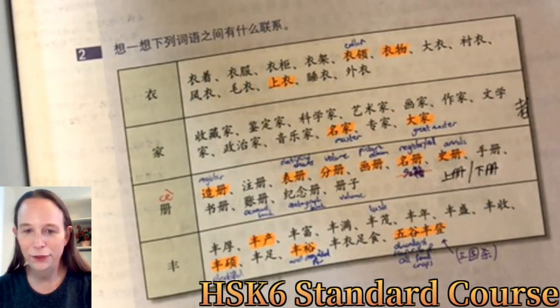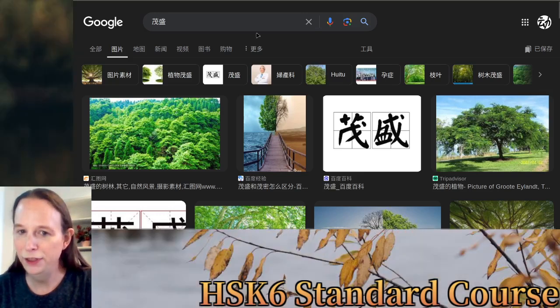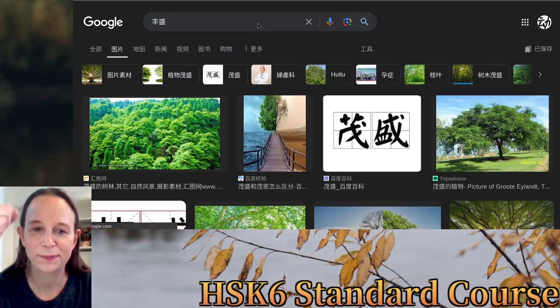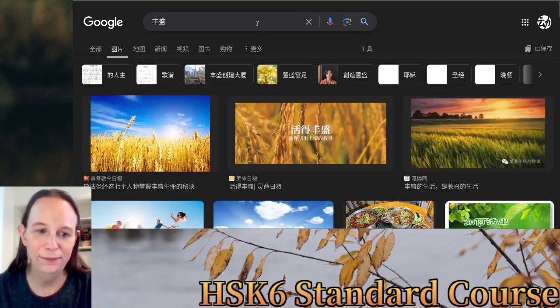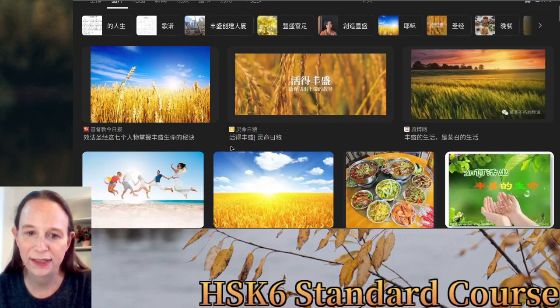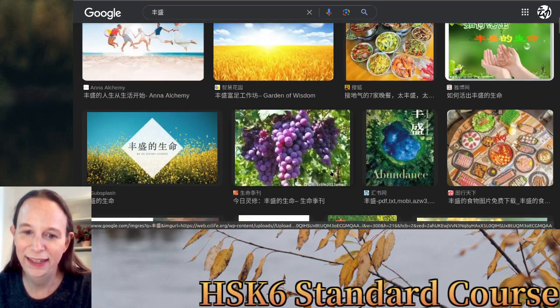Yeah, we should. 丰盛. This is also like abundant kind of thing. What things can be 丰盛? Looks like crops can be 丰盛. Rich, sumptuous. 丰盛. Oh, those grapes look very 丰盛 to me.